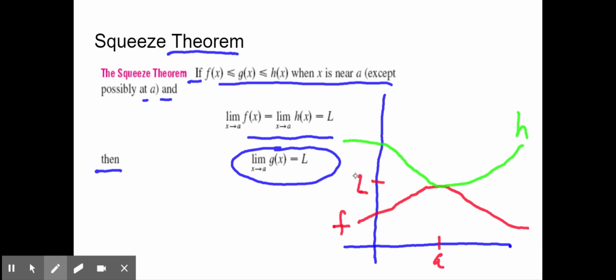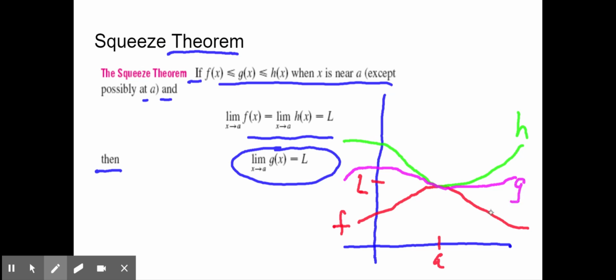So g of x must be somewhere in the middle here between my green graph h and my red graph f. So I'm going to draw g of x. It's got to be stuck in between. Okay, all right, so let me draw it. There we go. Okay. All right, there's g.